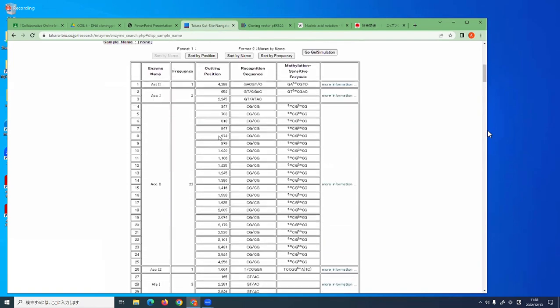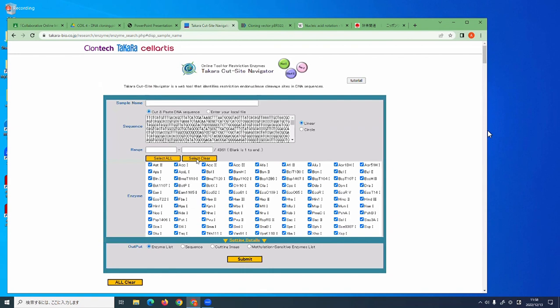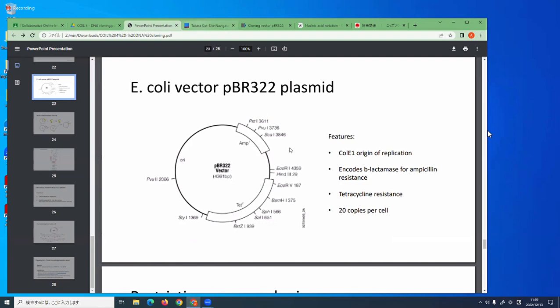So let's go back and unselect, clear everything. Let's look at Eco. This is in alphabetical order, I think. So EcoRV is there, EcoRI is there. Let's look at S, was it SalI and SphI? Let me move back. It's SphI, right? Okay.